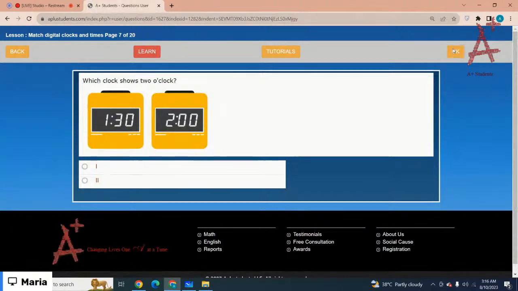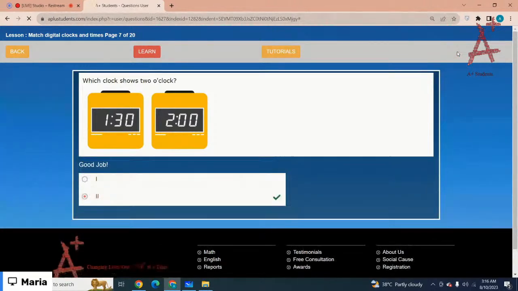Okay, which clock shows 2 o'clock? Which is the correct option, 1 or 2? That would be the second one because you have to see the time, that is 2 o'clock. So that would be the second one.